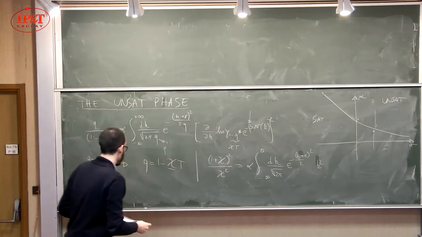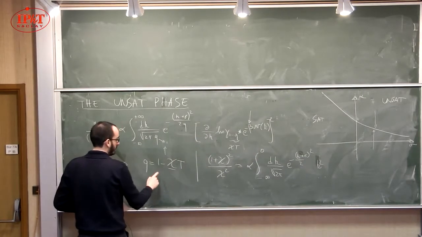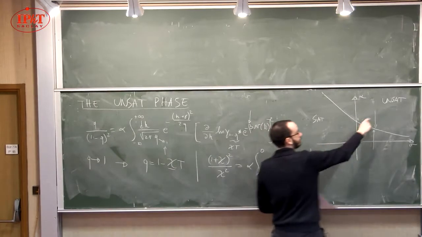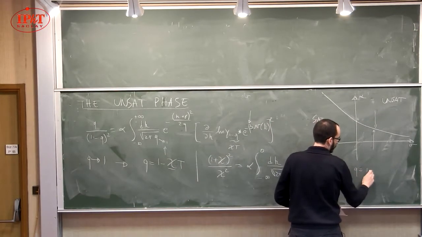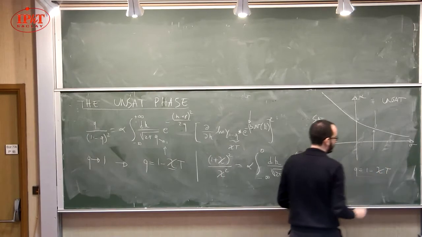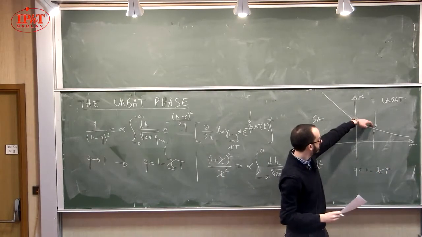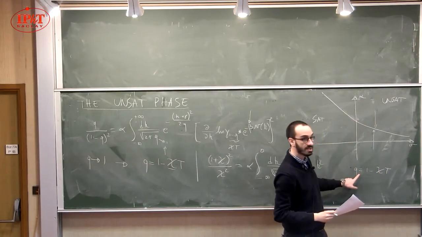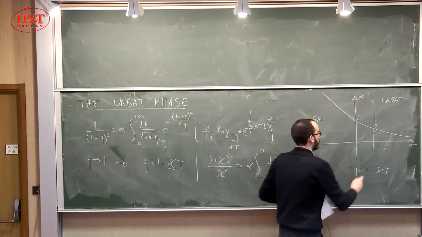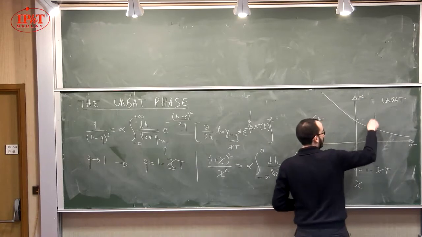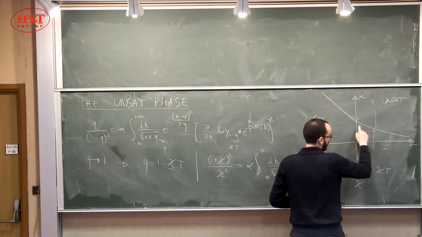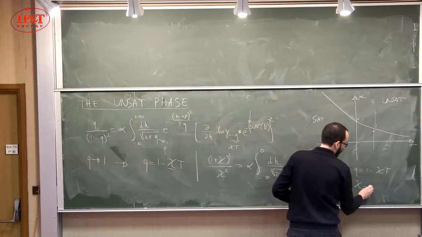So the solution is quite simple, because when you are here, you know that q is 1 minus chi times T. And now when you cross this line, q should become less than 1. So this means that chi, when you go towards the jamming transition, the SAT-unsat threshold, should diverge.